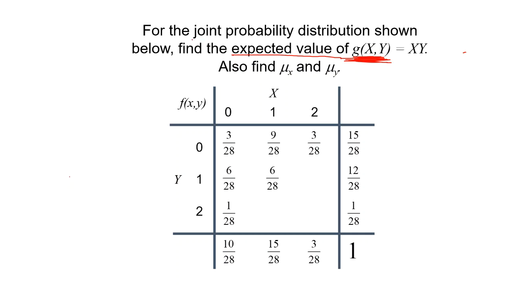And since this is a joint probability distribution, we'll be using the formula for the mean under joint probability distribution, which is: g of x, y is equivalent to E of g of x and y.